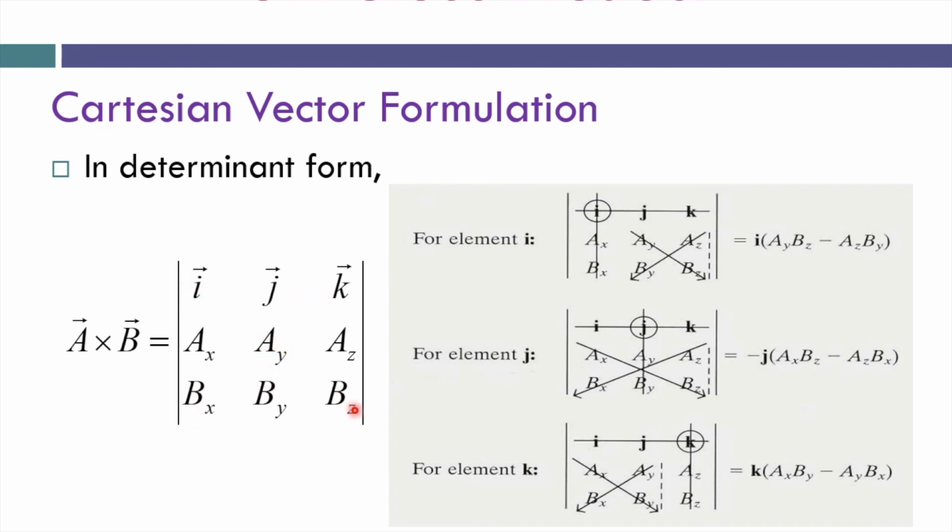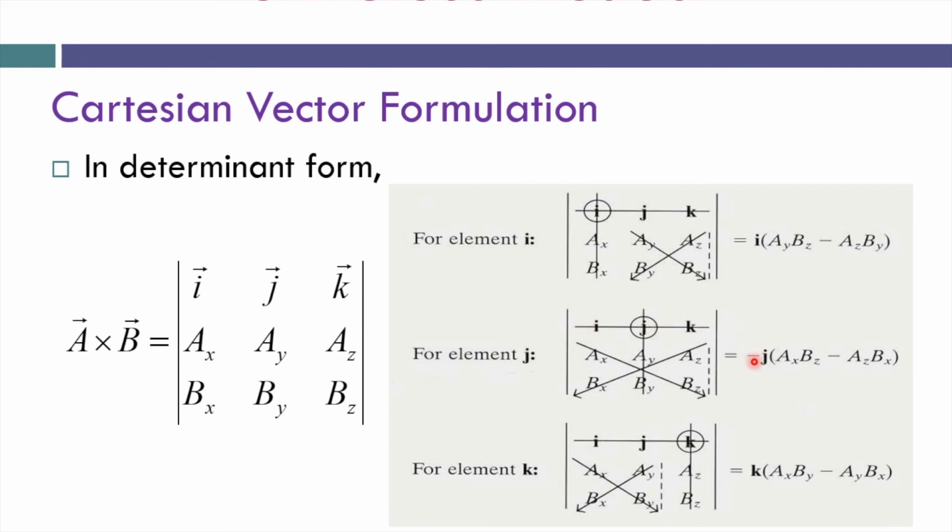So ay times bz minus az times by, for the value of i. For the value of j, it will give a negative.